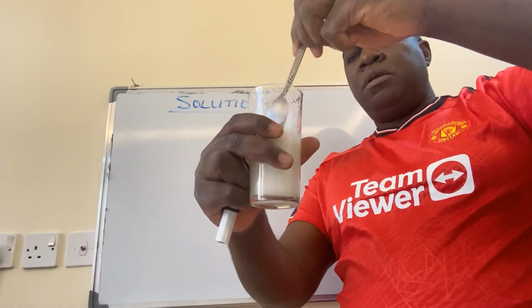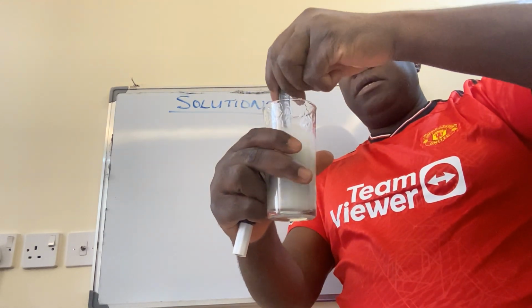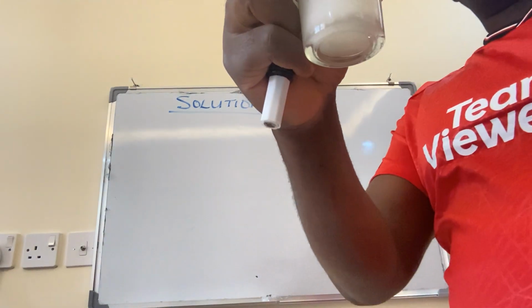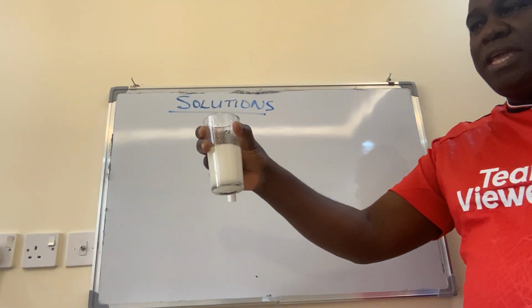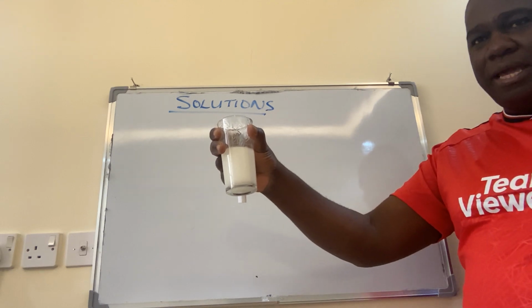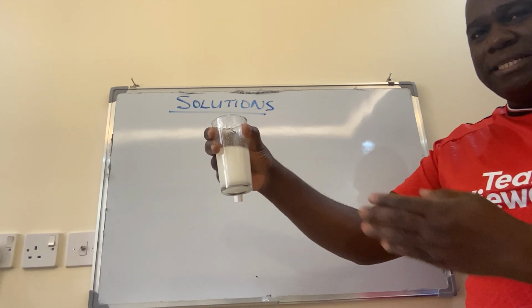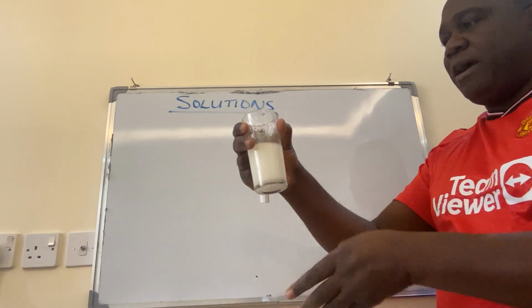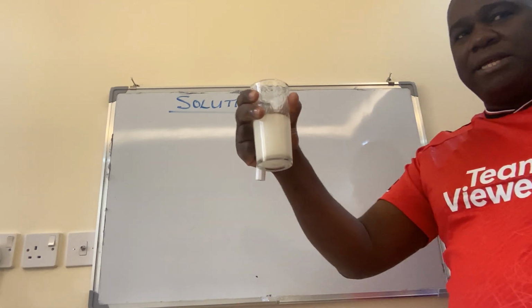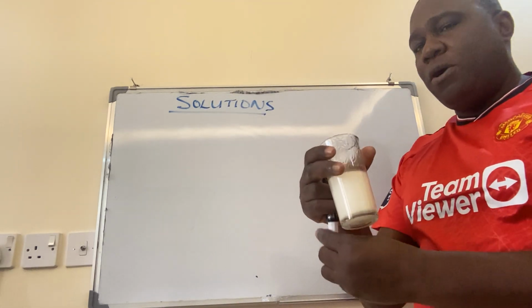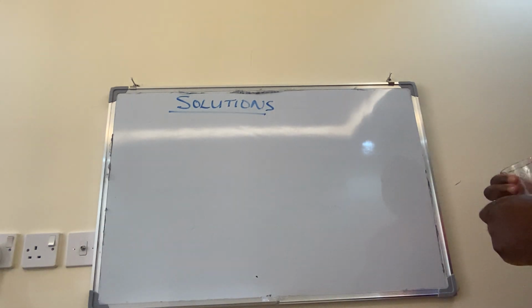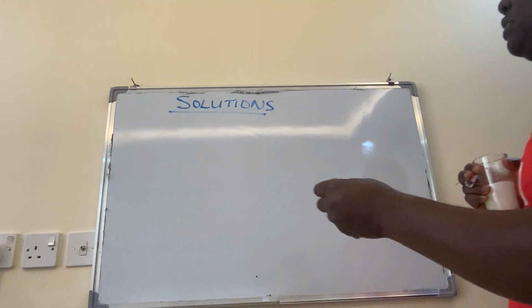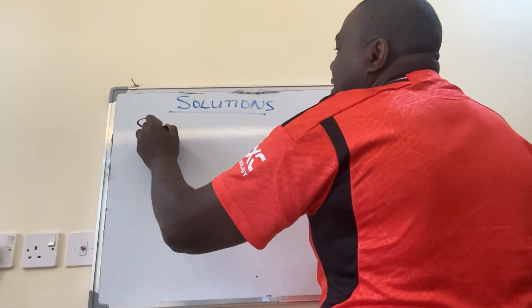I've dissolved just about a half teaspoonful of flour. Right. We don't have a solution here. What term do you think we use to describe this? This is not a solution, but it is called a suspension. If you look at a suspension, you are going to find that the particles will be hanging in the liquid.